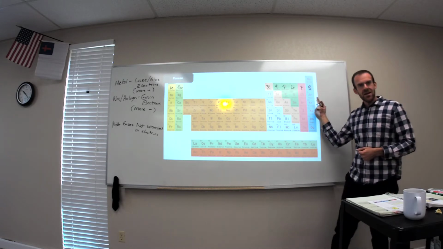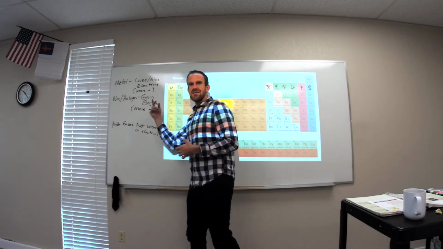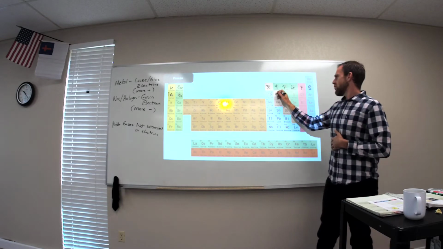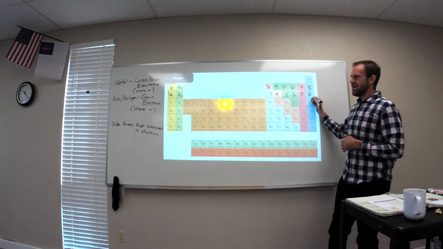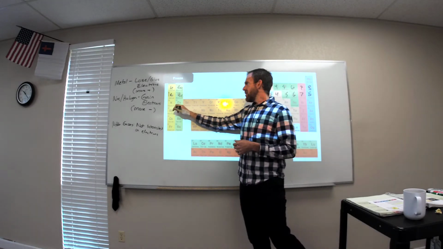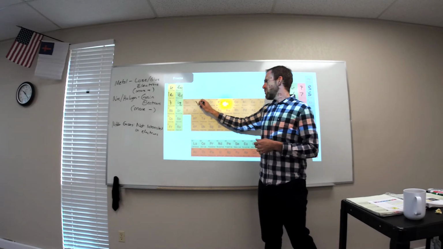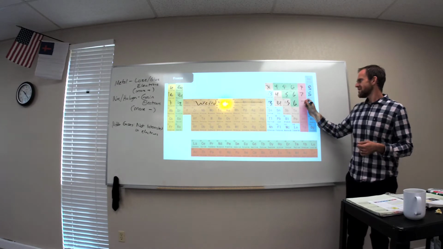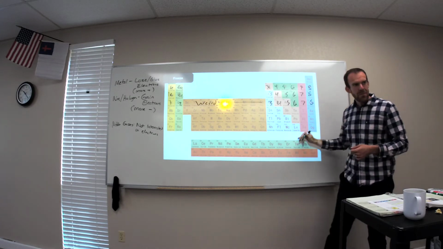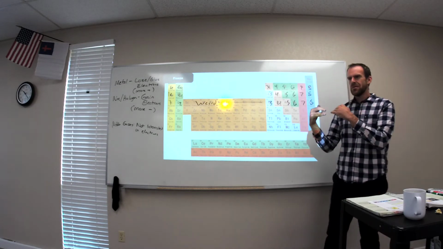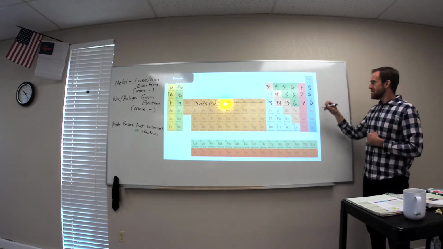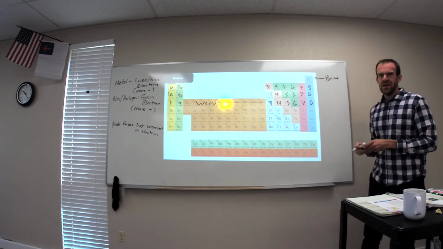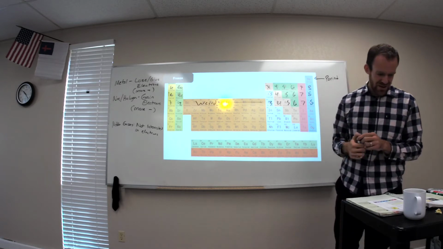Then what happens? After that, we repeat the same thing over again. 1 extra electron, 2 electrons, 3, 4, 5, 6, 7, 8. Then we repeat again. We get 1, 2, and it's weird, all the way up to here. 3, 4, 5, 6, 7, 8. Then we repeat again. The same procedure repeats every row, and so every row is called a period. That is why it is a periodic table.